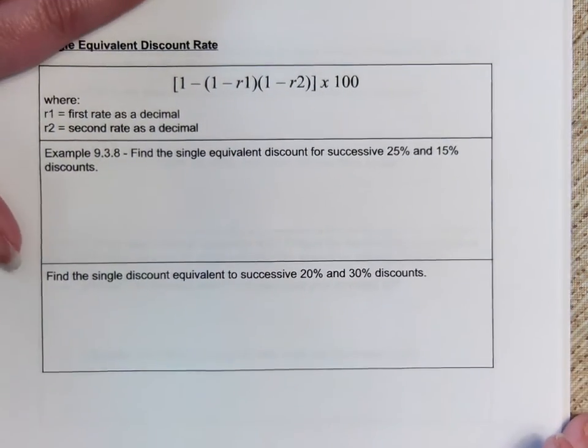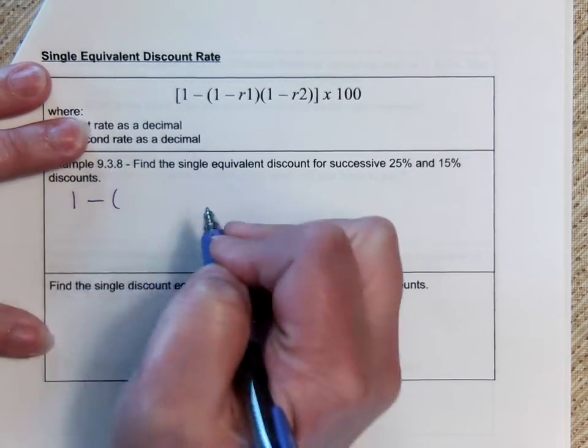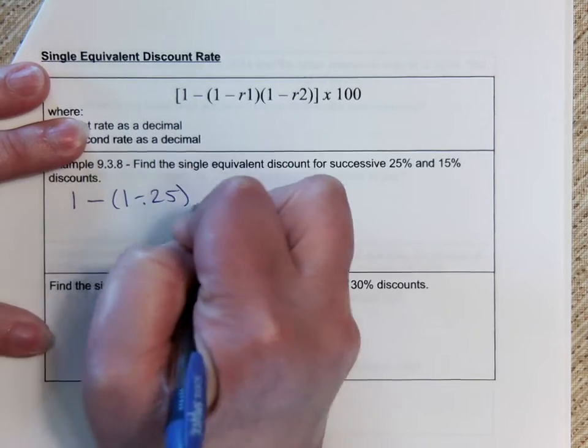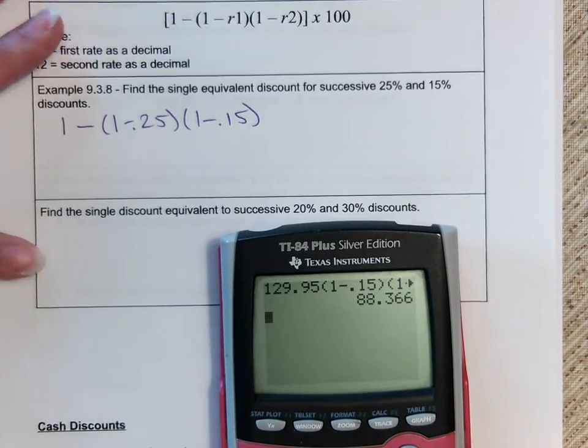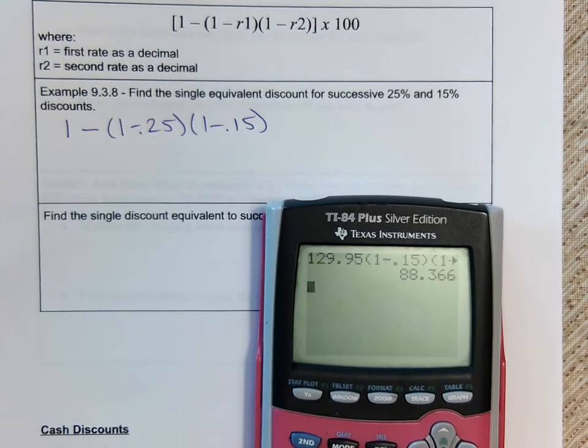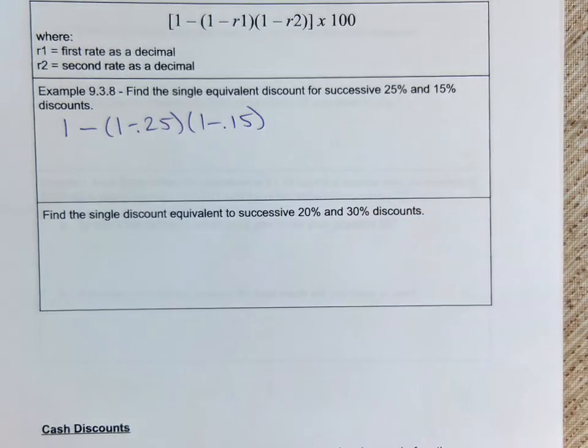We have our 25% and our 15%. So we're going to do 1 minus the 1 minus 0.25 times 1 minus 0.15. Now you could go step by step, or you can just plug it straight into the calculator. 1 minus 0.25 times 1 minus 0.15. All right, we get ourselves a decimal. We times by 100, and we get 36.25%.